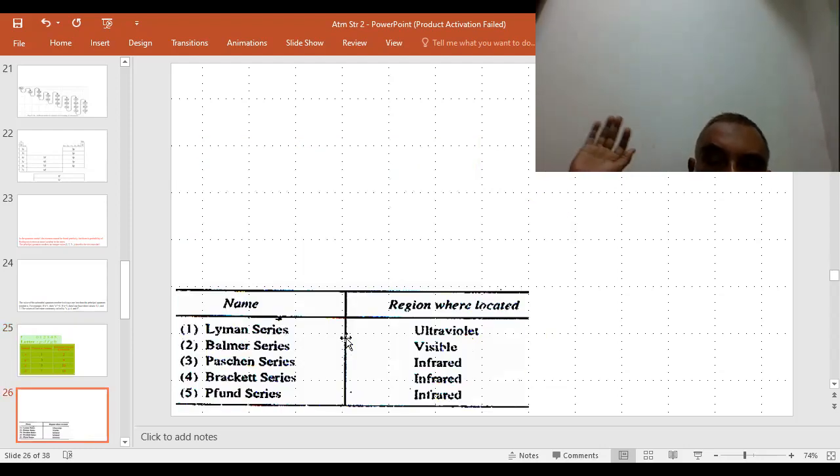You are acquainted with the spectral series: Lyman series, Balmer series, Paschen series, Brackett series, Pfund series. Only the Lyman series takes place in the ultraviolet region, and the Balmer series takes place in the visible region. Other spectra take place in the infrared region.